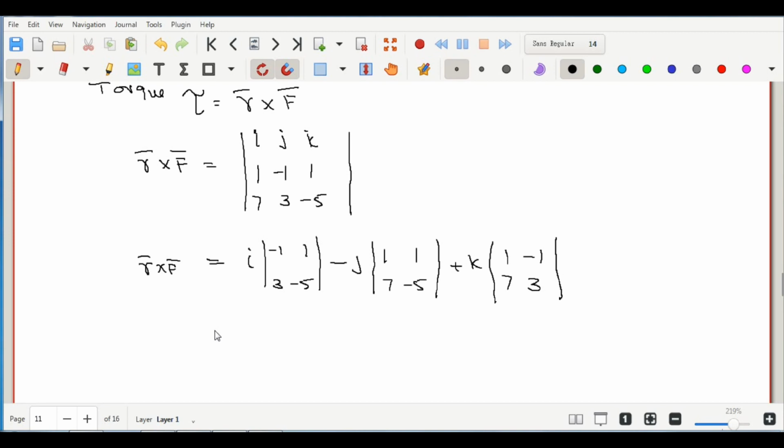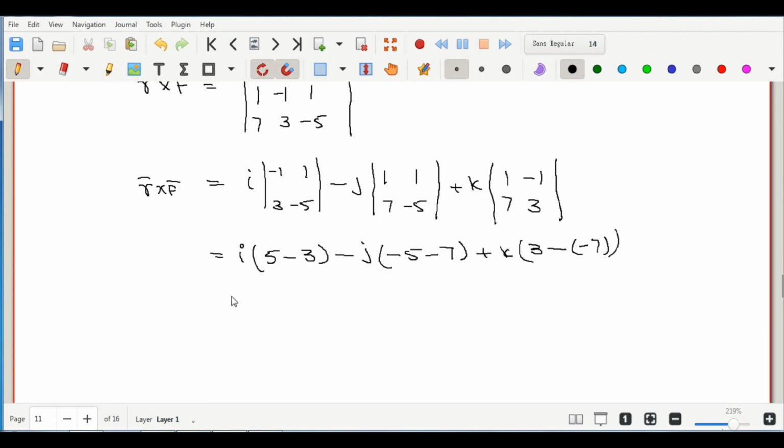Now simplify these values, that is i into minus 1 into 5 minus 5, that will be plus 5, minus of 3 into 1 is 3, minus j, 1 into minus 5 gives minus 5, minus 7 into 1 gives 7, plus k into 1 into 3 is 3, minus of 7 into minus 1, that is minus 7.